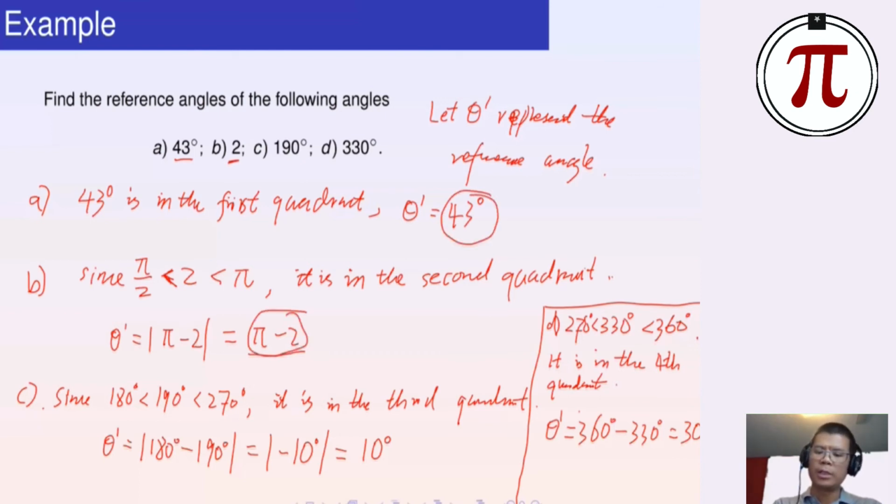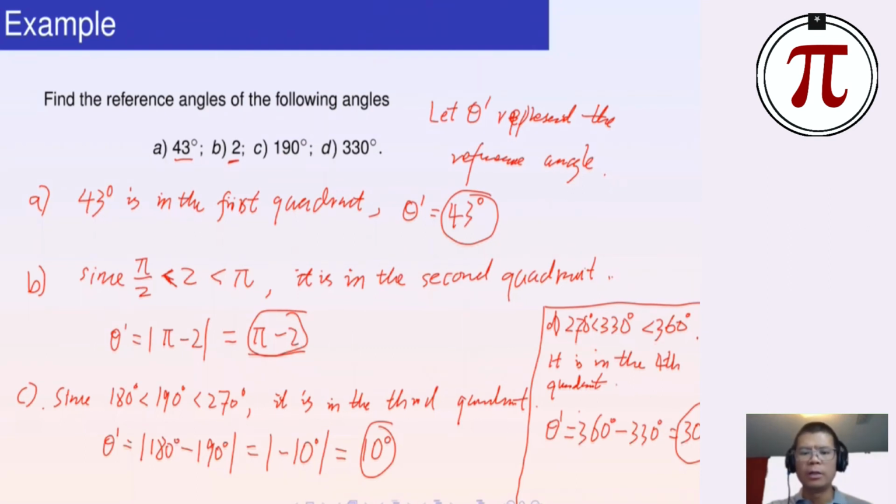So that's how we got this. Basically, based on their quadrant, we can find the reference angle using the formulas. Now this example contains all the angles which are between 0 and 2 pi, or between 0 and 360 degrees, right?